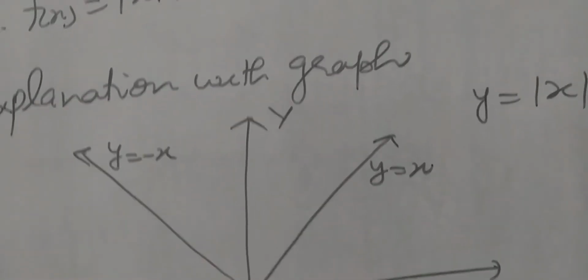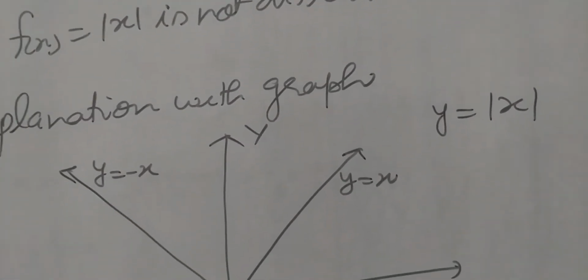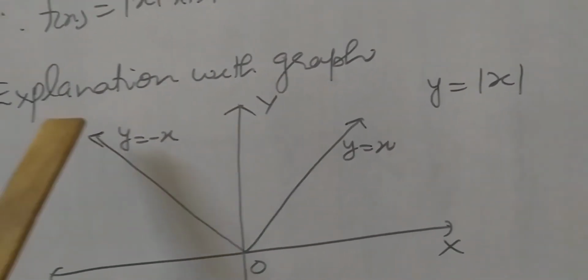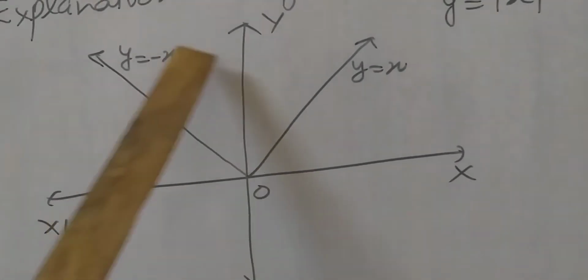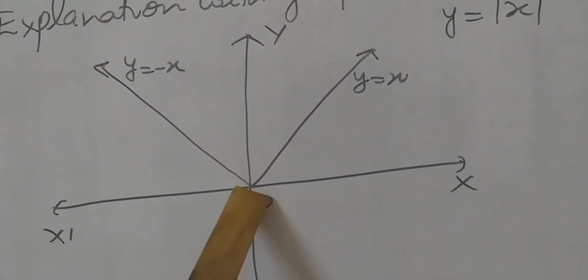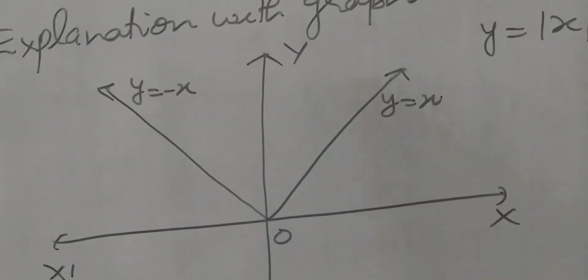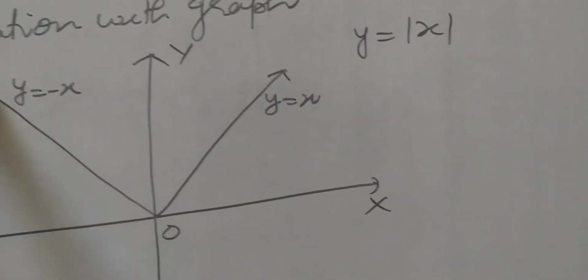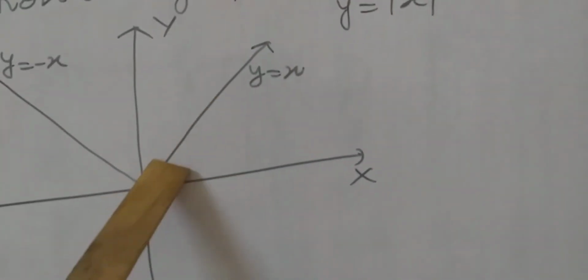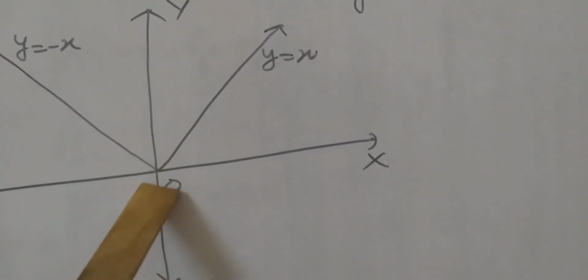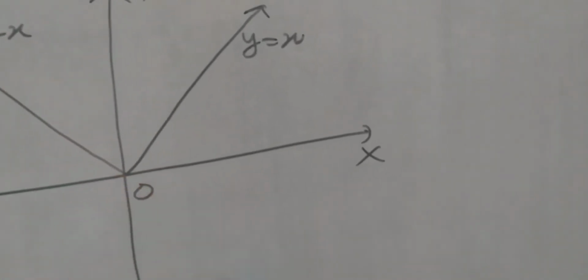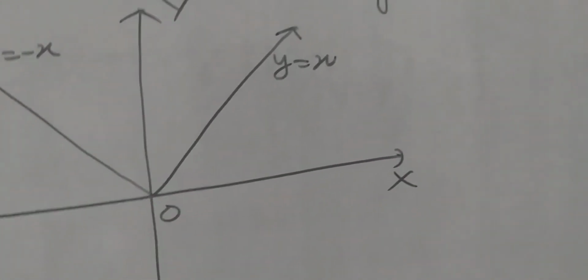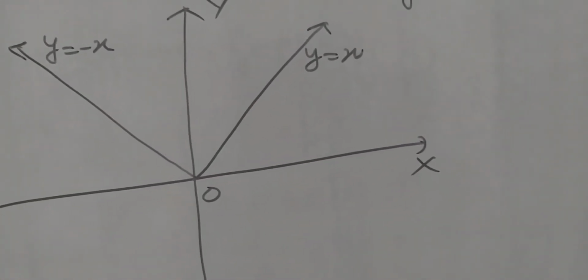Let us get the explanation from the graph also. Explanation with graph, students. This is 0. This is the modulus function graph. Okay, y equals minus x and y equals x. So at 0 you can see its slope is minus 1 on one side and its slope is 1 on the other.